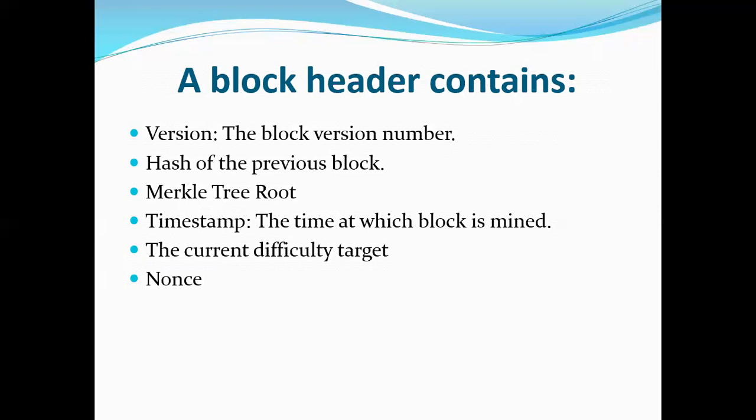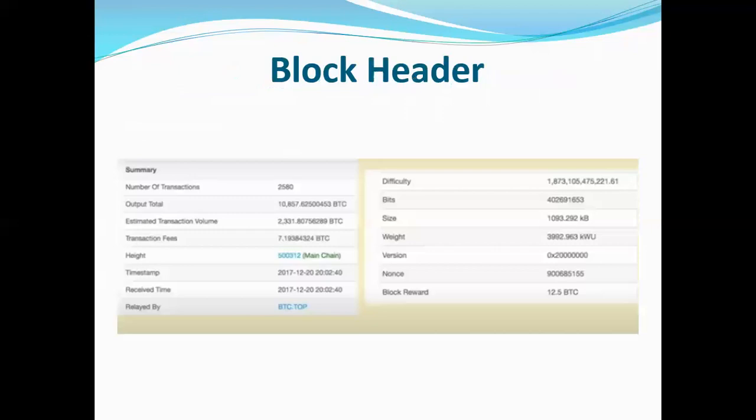Next is nonce. It is a 32-bit random number used while calculating the cryptographic hash for a block. So this is a typical block header. Here you can see there are different parameters. In that particular block header, the number of transactions is 2580.